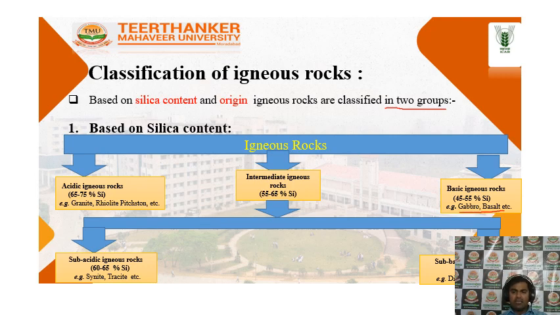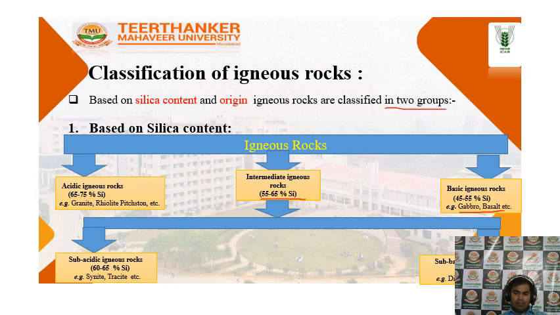Then the intermediate igneous rocks contain about 55 to 65% silica, and they are divided into two categories: sub-acidic igneous rock and sub-basic igneous rock.